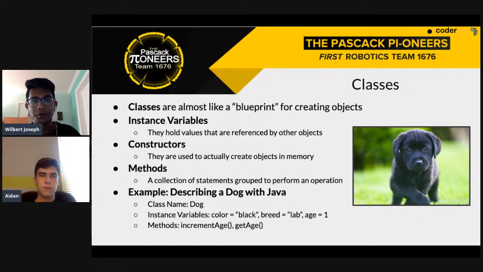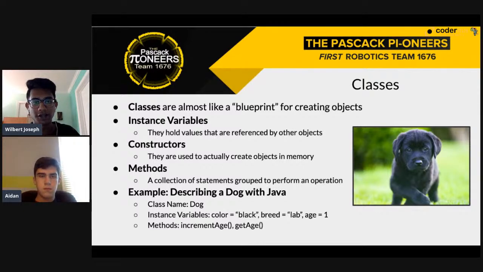An example here at the bottom would be describing a dog using a class in Java. So if we wanted to describe a dog, the class name would be Dog. The instance variables, which basically describe the dog by its attributes, would be its color, its breed, its age, really anything that you could think of that could describe this animal.